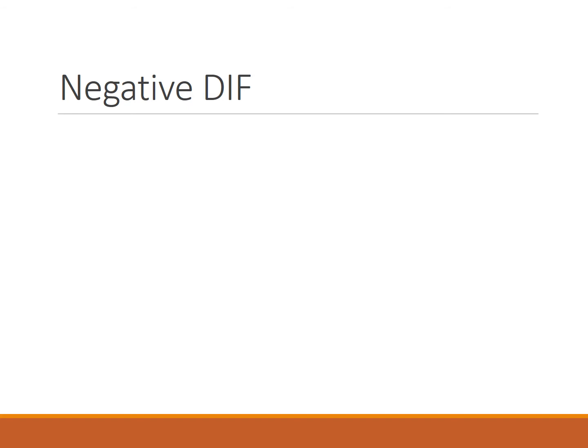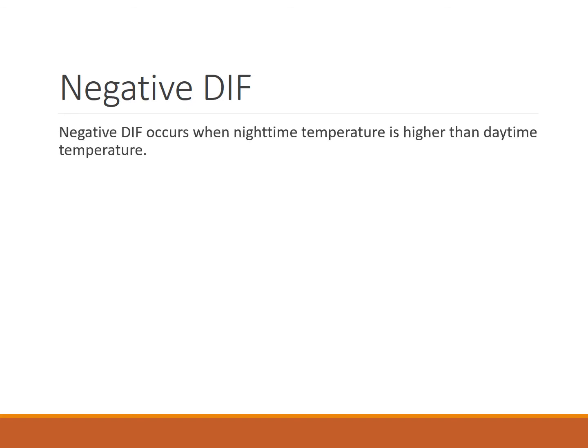Now let's look at a negative diff and see how that can affect plant growth. A negative diff occurs when nighttime temperature is higher than the daytime temperature. And the net result is a negative diff results in plants that are shorter and more compact in their growth habit.